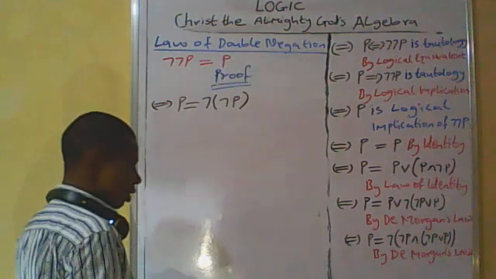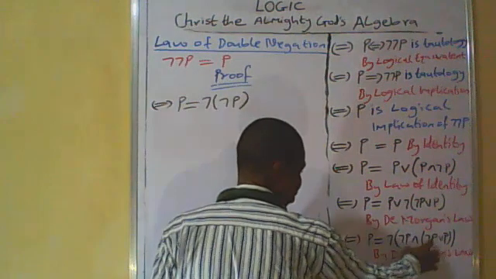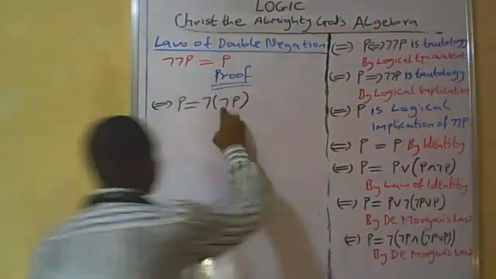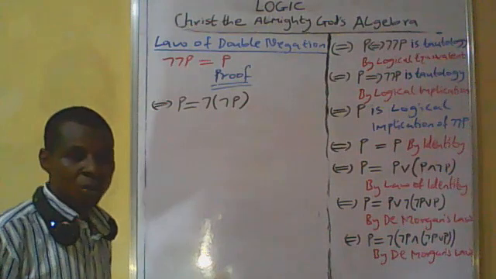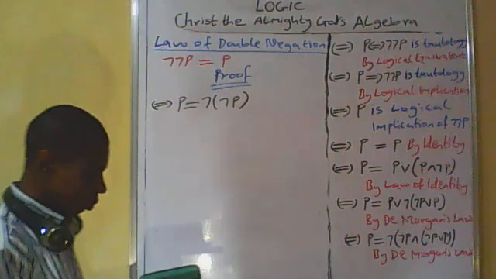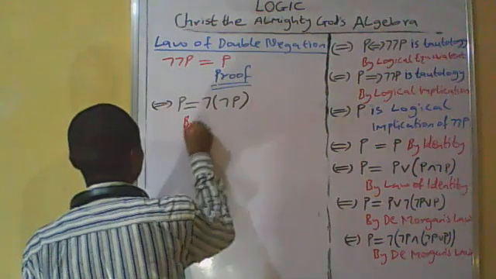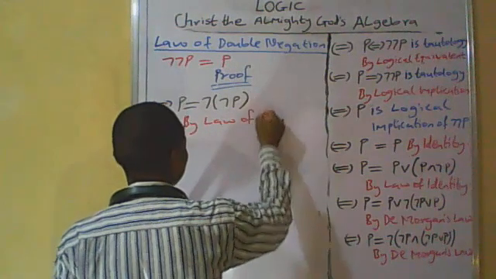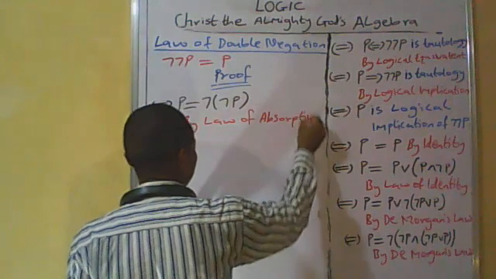In this statement, not P and bracket not P or P is being substituted with not P because they are equivalent by law of absorption. Being justified by law of absorption.